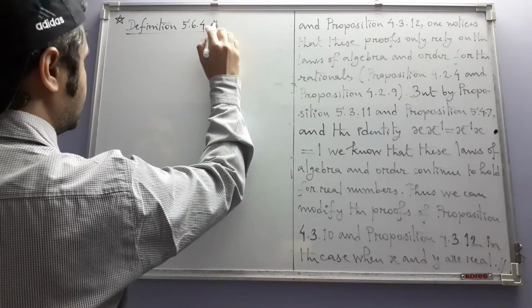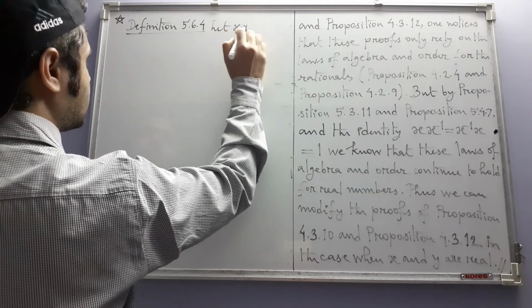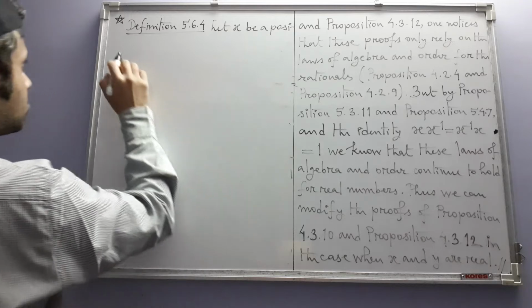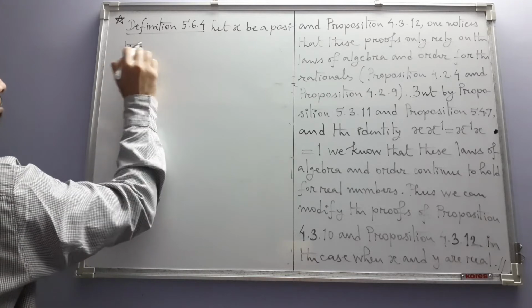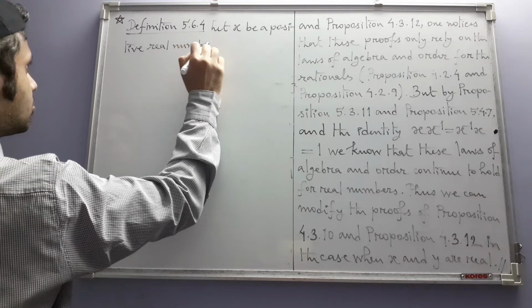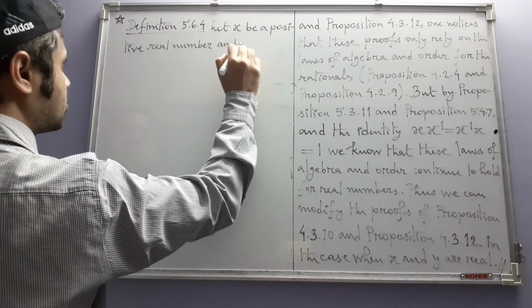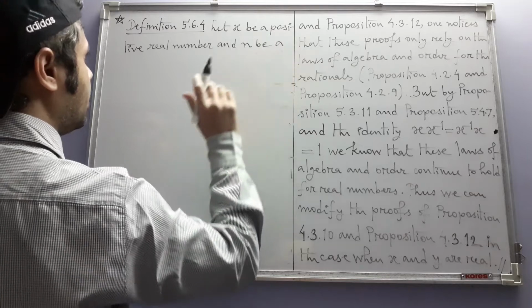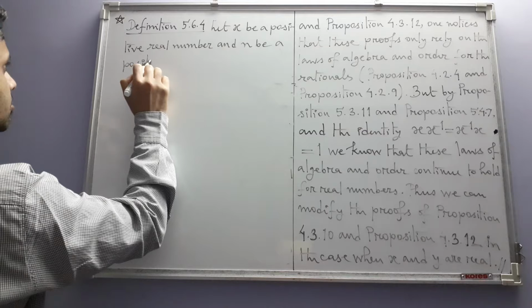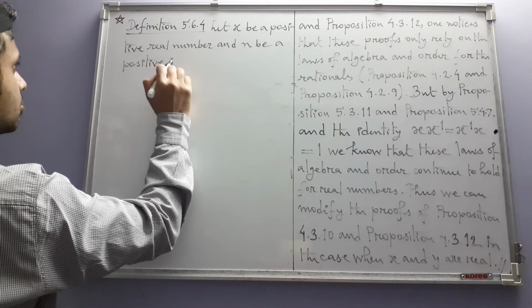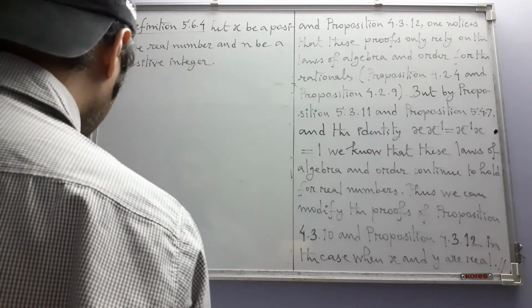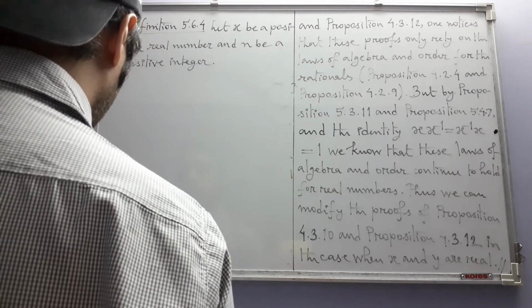Let x be a positive real number and n be a positive integer. Okay, we are now going to define the nth root of x.